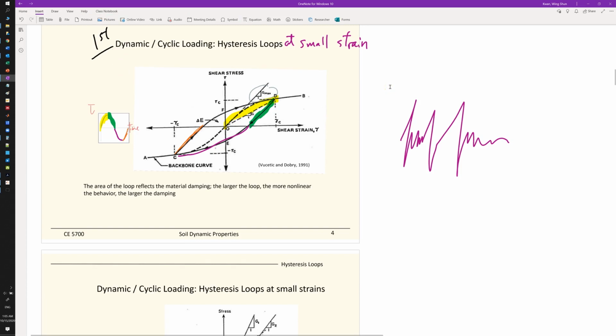G in general stands for the shear modulus, and Gmax stands for the maximum shear modulus. Because again, there are a lot of different loops as the loading goes back and forth, and the very first one will give you the greatest slope.